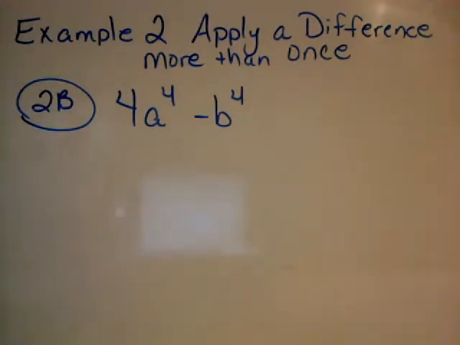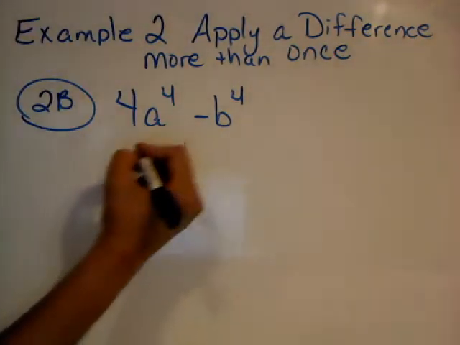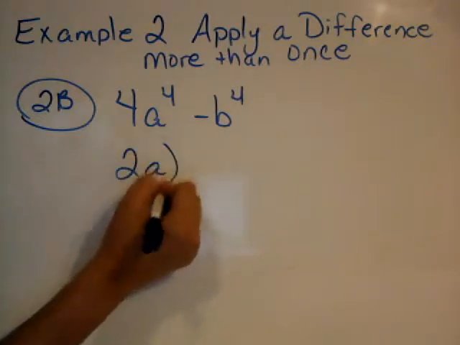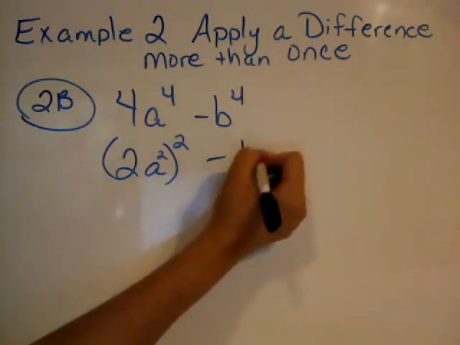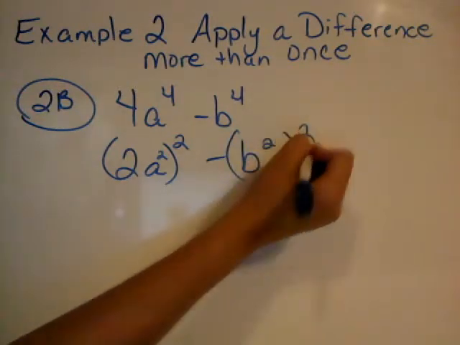Okay, so let's look at 2b and work it together. So I have 4a to the 4th minus b to the 4th. So I can say 2a squared squared minus b squared squared.